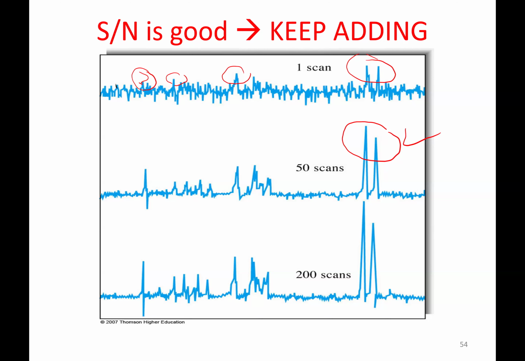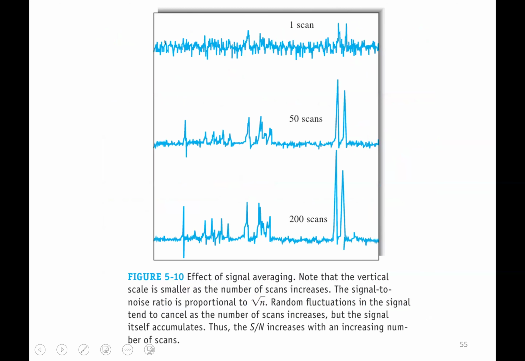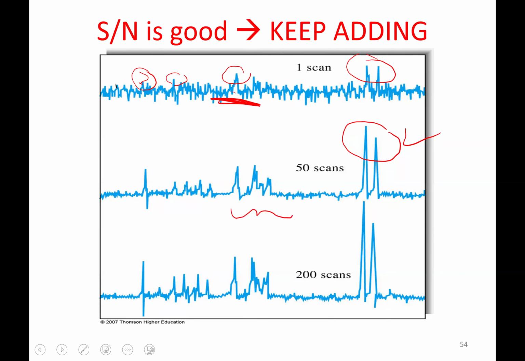One scan, okay, peaks may be there, but we are not so sure. But then when you look at this particular region here, now you see these peaks. They are pronounced there, the same thing here. They are pronounced after co-adding 50 scans.